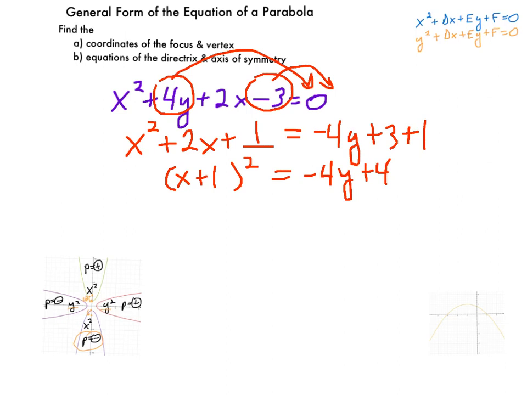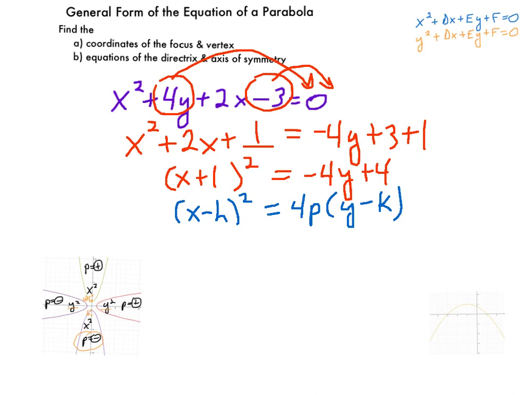The standard form looks like this: x minus h squared equals 4p times y minus k. If you notice, that y coefficient is 1, so I have to make the y coefficient 1. We take out whatever we need to make that 1, in this case negative 4.